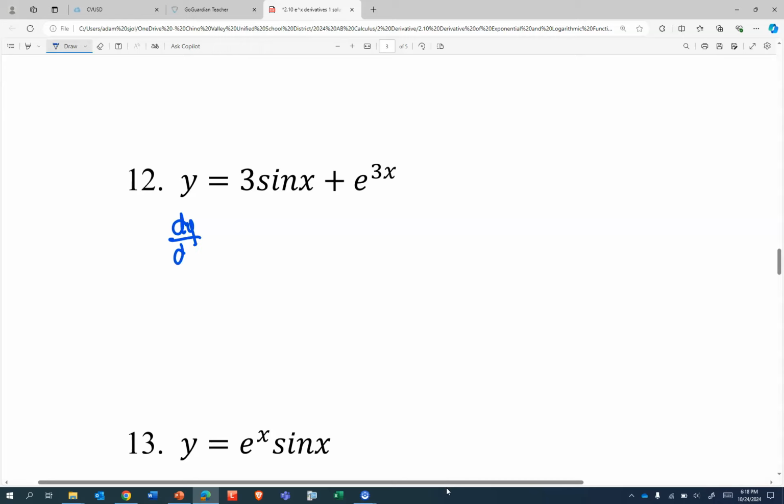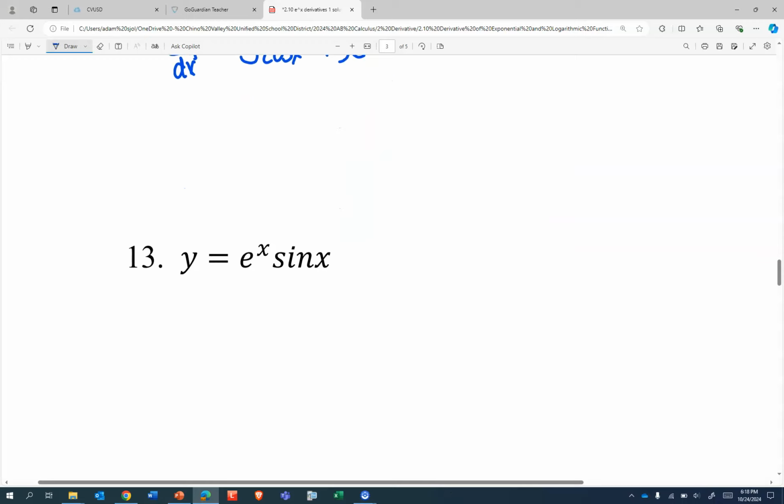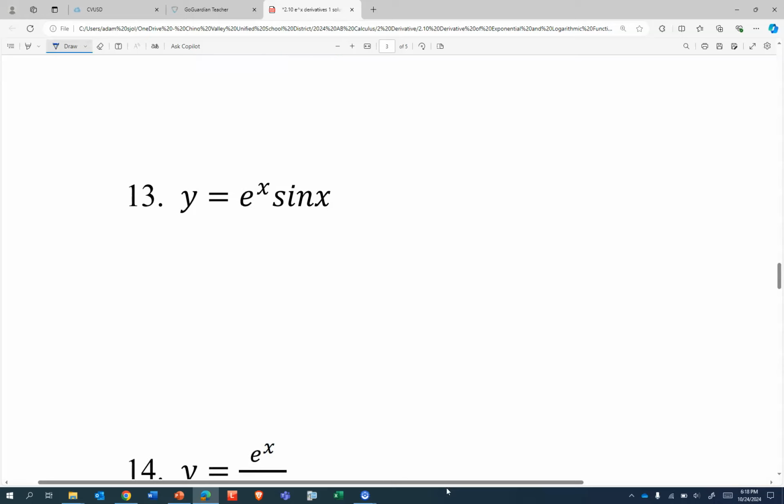Maybe a slight challenge. The derivative of 3 sine of x is 3 cosine of x. E to the 3x, that's e to a power, and the derivative of e to a power is e to that same power. That power is 3x. Chain rule times 3. Well, finally something where we have to use the product rule.